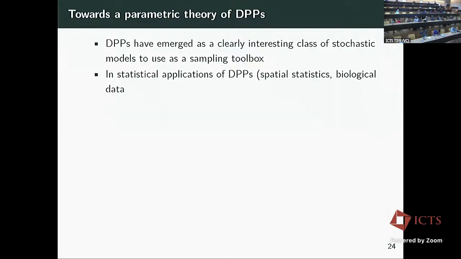Because of natural logistical reasons. So if you have an orchard or a forest, and you want to model the locations of big trees, it is reasonable to postulate that the big trees will follow a spatial point pattern which is going to have some degree of repulsion, and you want to model them.